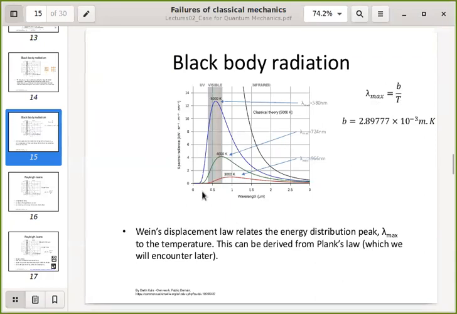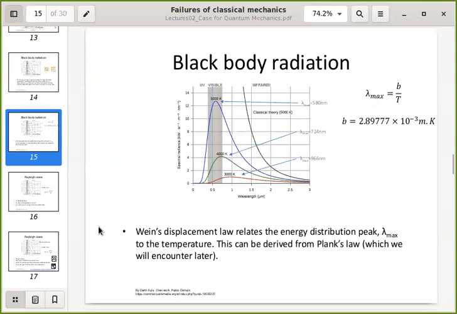As your temperature goes up, you'll see that the maximum moves bluer and bluer. You can get an exact lambda max for maximum emission based on the temperature and this constant. So Wien's law is really useful, but it doesn't relate to quantum mechanics.